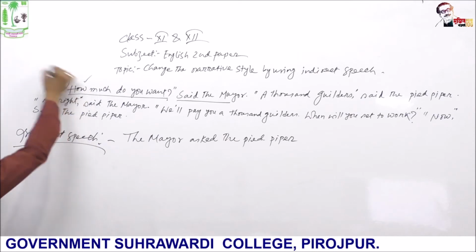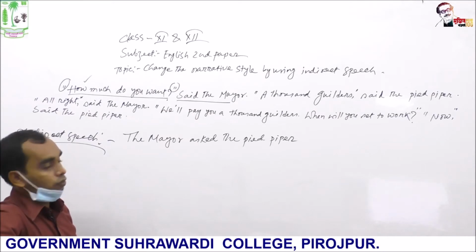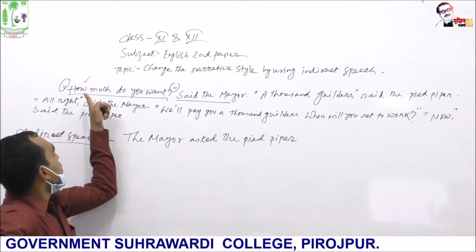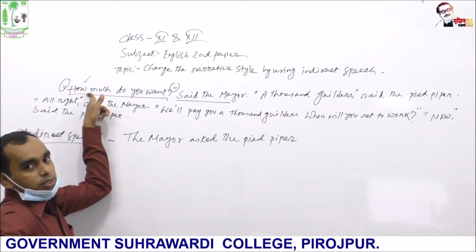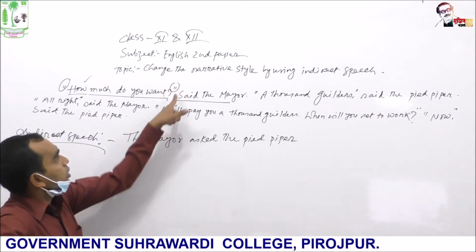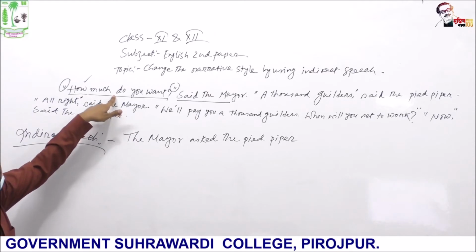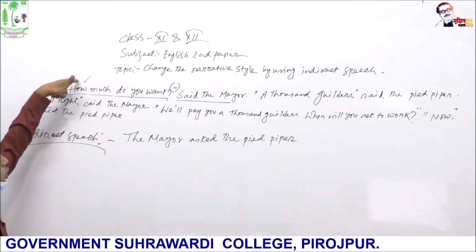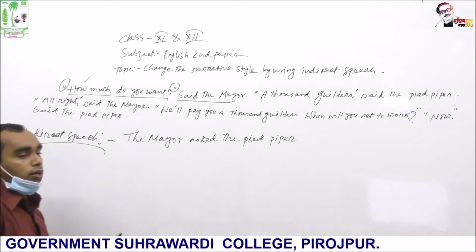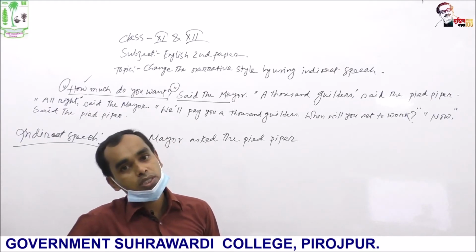Now try to follow me. Instead of quotation marks, we have to use "if" or "whether" in the case of an interrogative sentence. If there is no WH question at the beginning of the interrogative sentence, then we can use "if" or "whether." But this very sentence starts with a WH question, and that is "how much." So we cannot use "if" or "whether"; rather we have to use "how much." Understand?